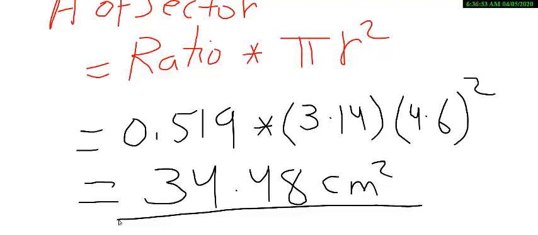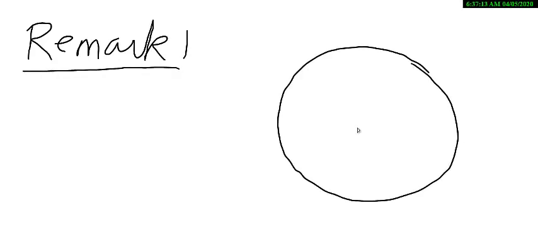I need to give you a remark here: when you highlight a sector in a circle, you have two types of sectors. So I'm going to illustrate this by a remark. Remark number 1. If this is a circle with center O, I'm going to highlight two sectors, one black here.